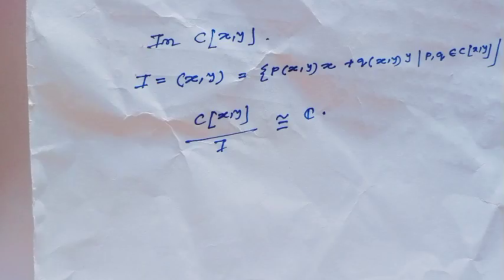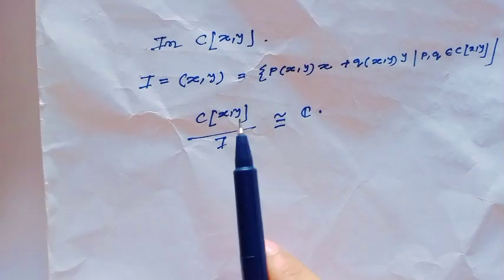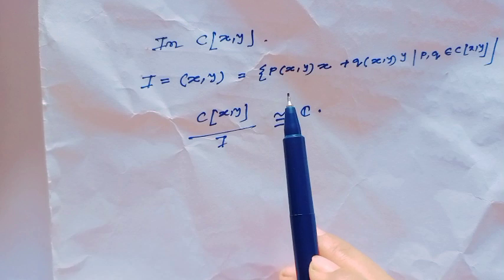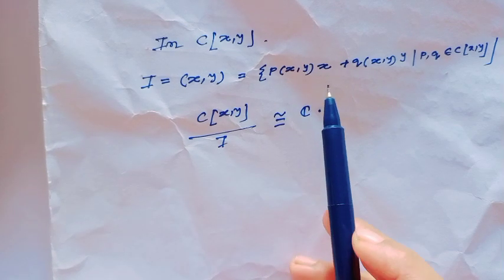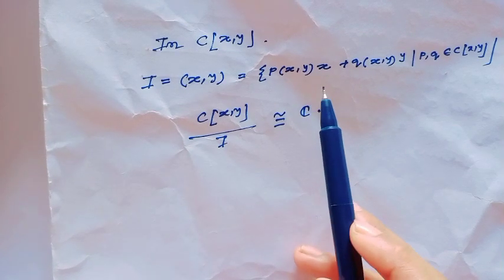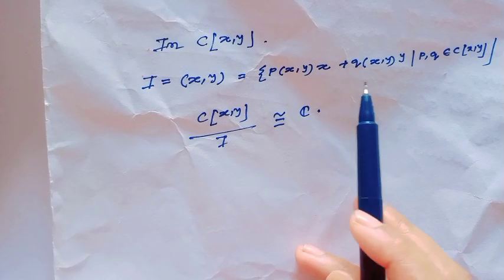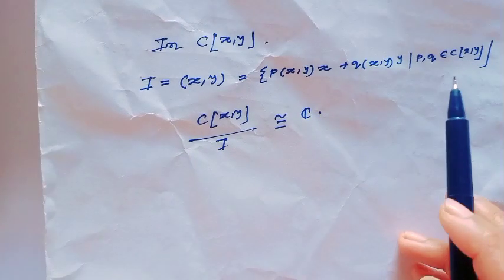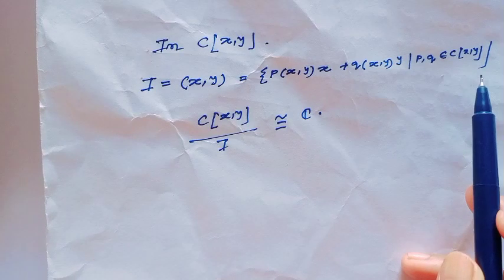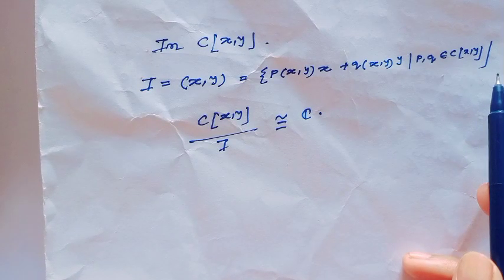Okay. Now I will show another type of quotient ring, C[x,y], and I equal to the ideal generated by x comma y, which is actually the set containing the elements p(x,y) times x plus q(x,y) times y, where p, q belong to C[x,y].